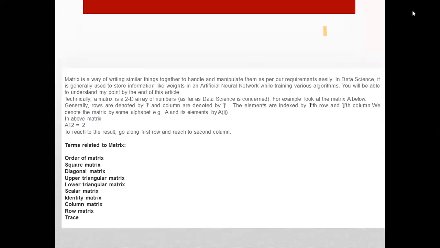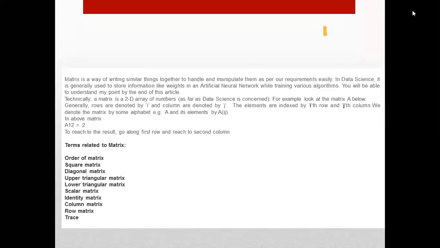Then the upper triangular matrix, a square matrix with all the elements below the diagonal equal to 0. So the upper triangular matrix and lower triangular matrix both are square matrices. In the upper triangular matrix, the elements below the diagonal should be equal to 0, whereas in the lower triangular matrix, the elements above the diagonal should be equal to 0.